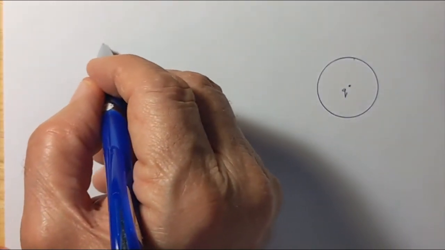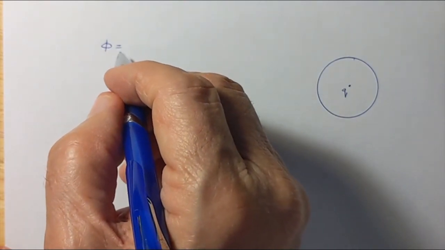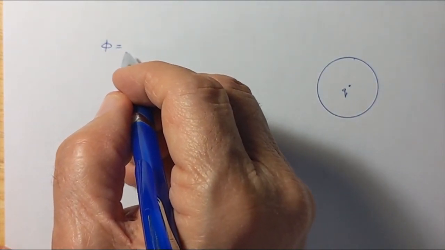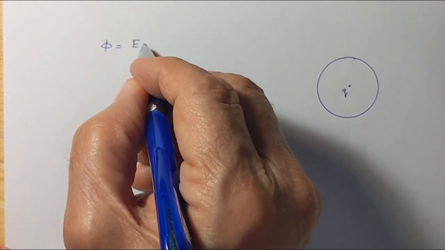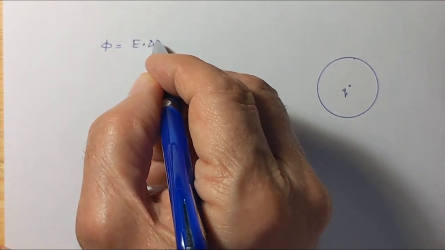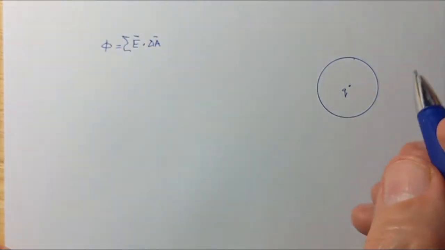So we have our equation, flux equals the sum of E dot delta A, all of these.